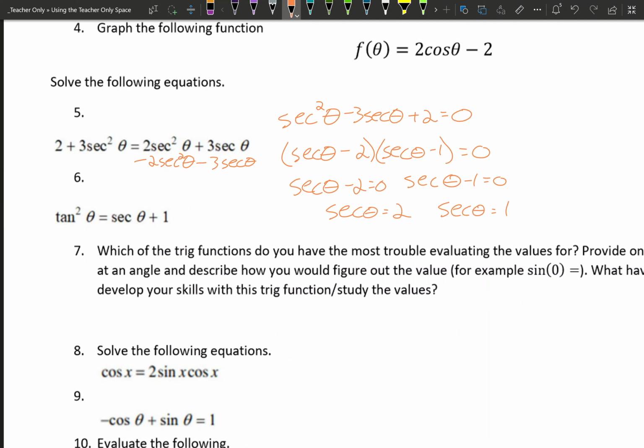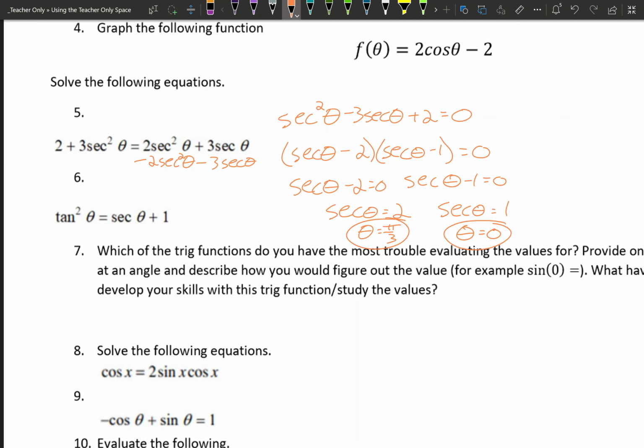So secant of theta is equal to 2, where cosine of theta is equal to 1/2, which is going to be at pi over 3. And then secant of theta is equal to 1 at theta equals 0. The most common mistakes with this type of problem were just some little algebra errors with either factoring or combining like terms, but on the whole, these were pretty good.